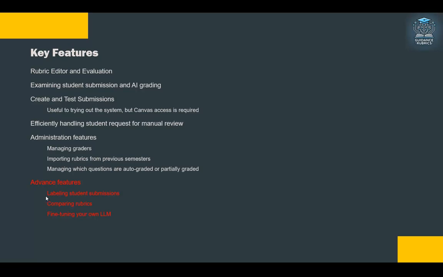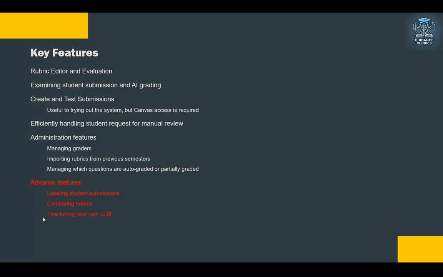For example, you're able to label student submissions. That is, for each rubric element and rubric component, you can label whether the student should have received credit for it. You can compare rubrics. If you have two versions of a rubric, you can compare them and see how they're performing against your labeling.